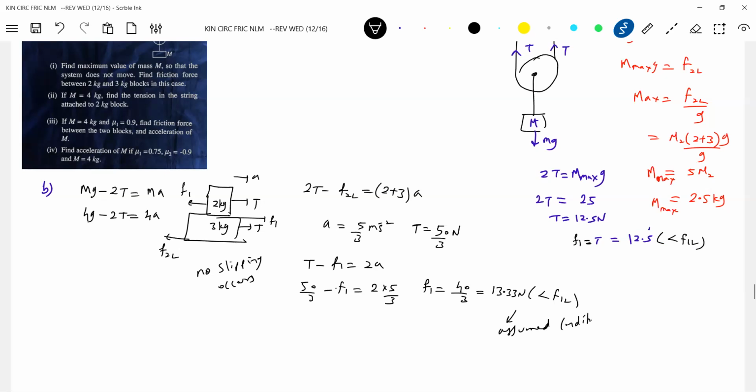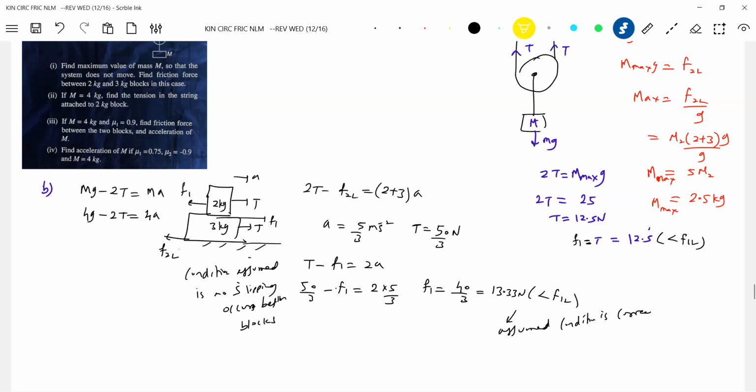The condition assumed is no slipping occurs between the blocks. Put it like this.